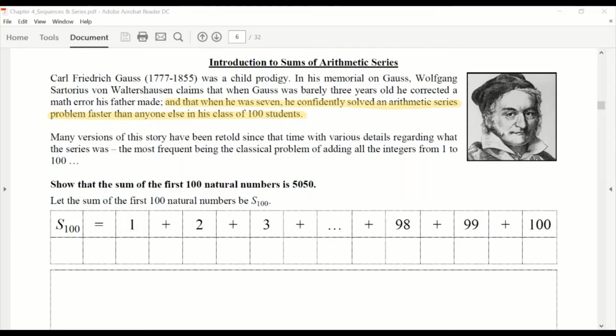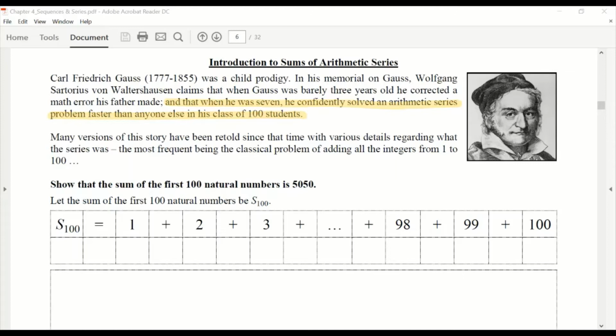What he did was he solved an arithmetic series problem faster than anyone else in his class of 100 students.